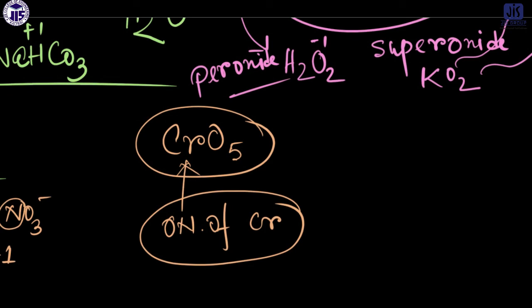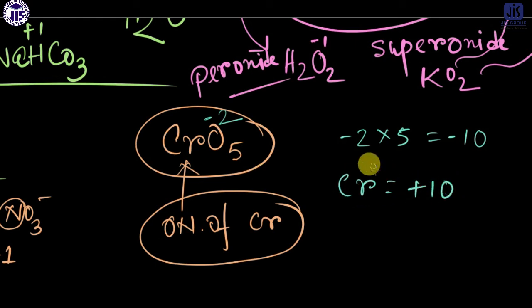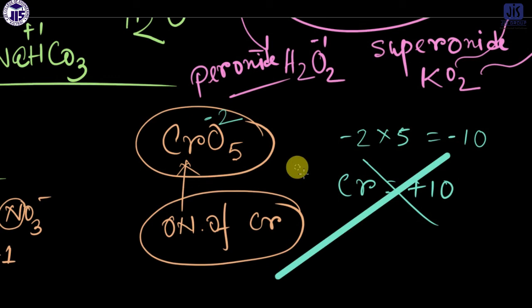Here it is expected that oxygen has -2, so -2 into 5 is -10. So obviously it is expected that chromium has +10, but that is actually not right. The oxidation number of chromium in this compound is not +10.